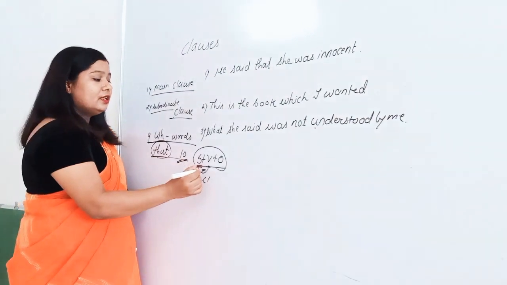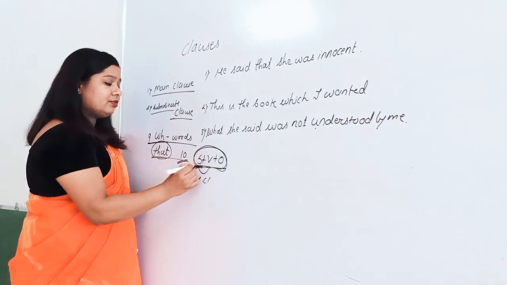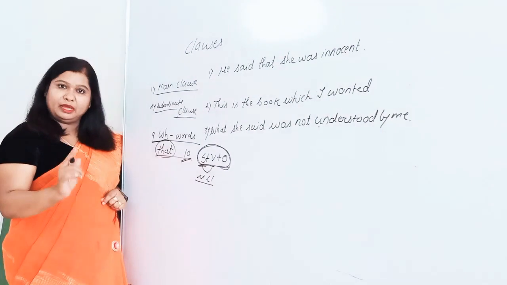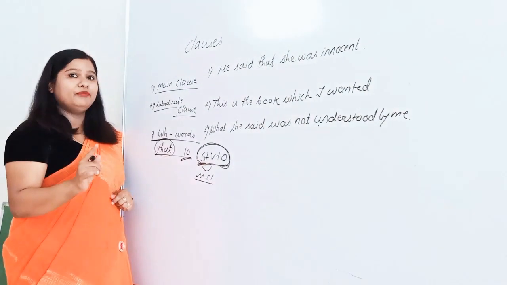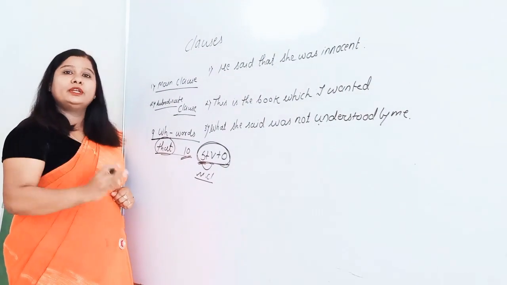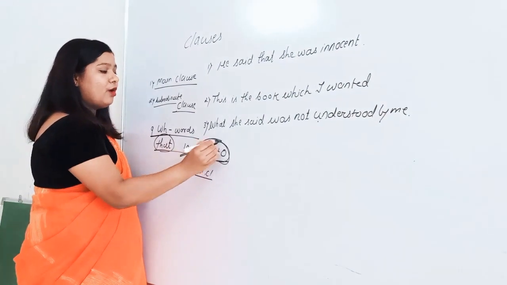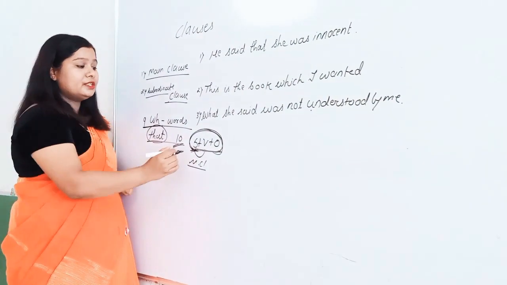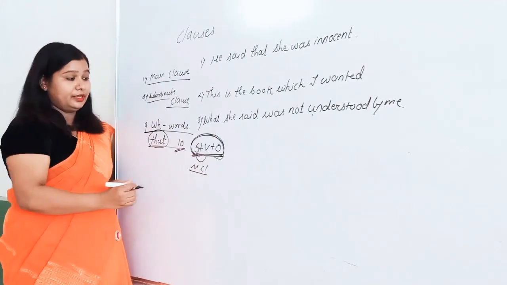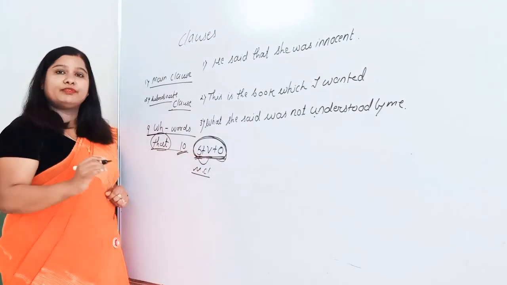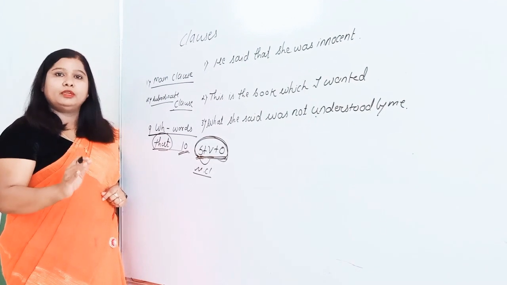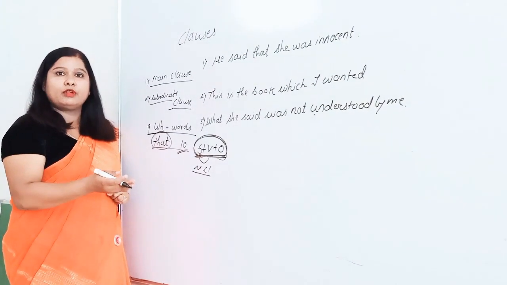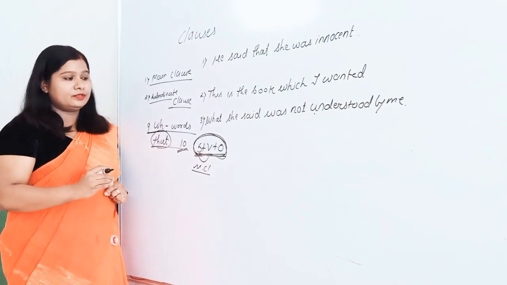The way we need these 3 things for framing main clause, in the same way for framing subordinate clause also we need all these 3 things. But as I told you, every sentence will not carry these 3 things. This subject and verb is sufficient for framing clause, whether it is main clause or subordinate clause.